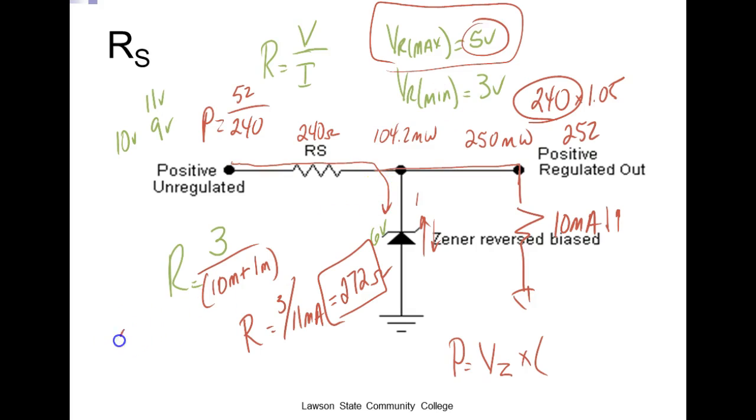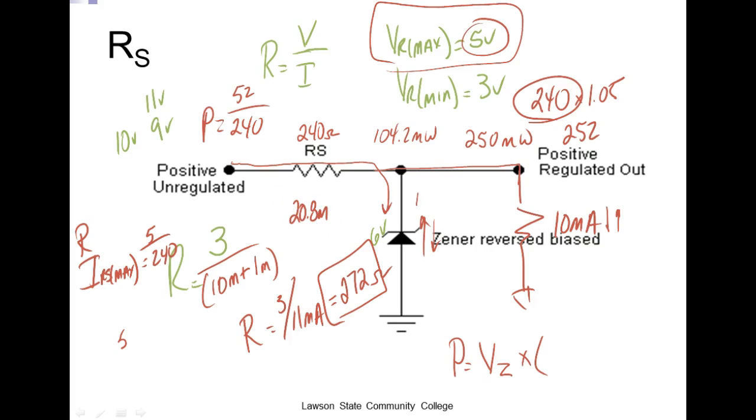That's going to be 5 divided by 240. When is it going to get the max current? When it's dropping the maximum voltage, right? So it's going to be 5 divided by 240. So what would I through the resistor max be? Yeah, 20.8 milliamps.